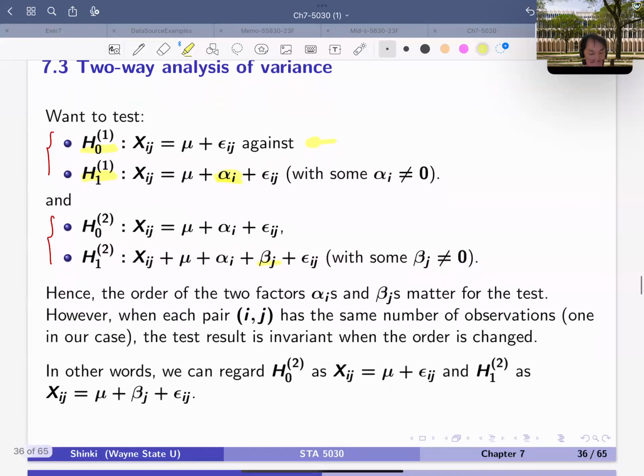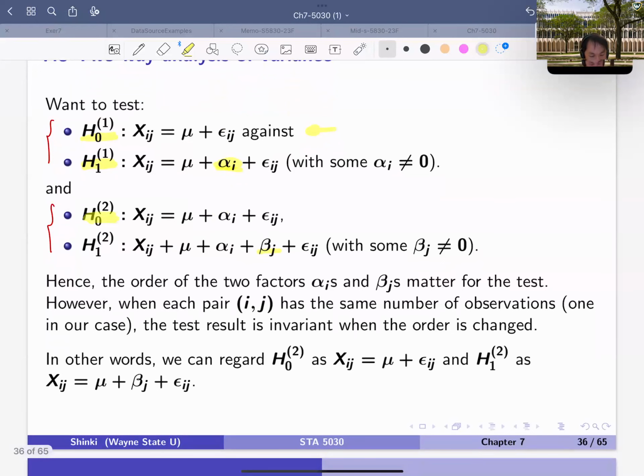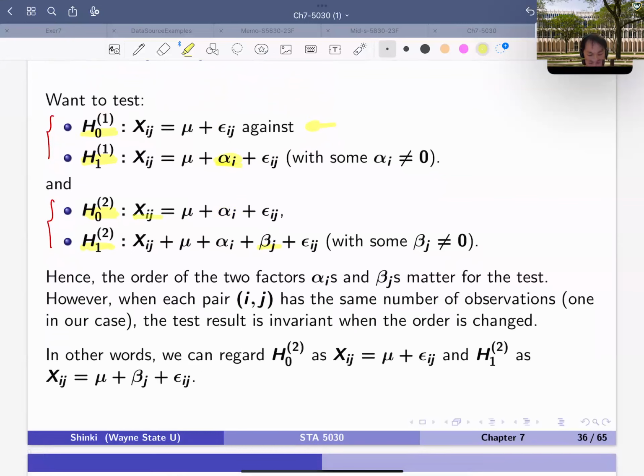And the second test we will do is this null hypothesis H02 against H12. H02 is the model with mu and alpha_i, so the first factor may matter for x_ij. And the alternative hypothesis is that even accounting for the first factor's information, the second factor has additional information to explain x_ij.